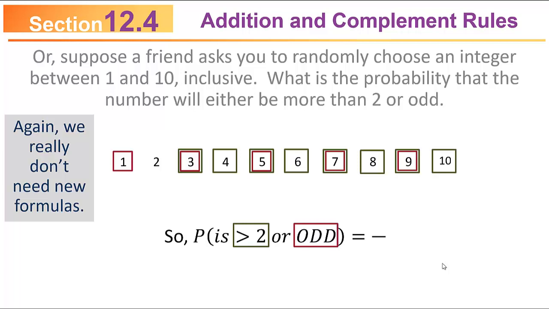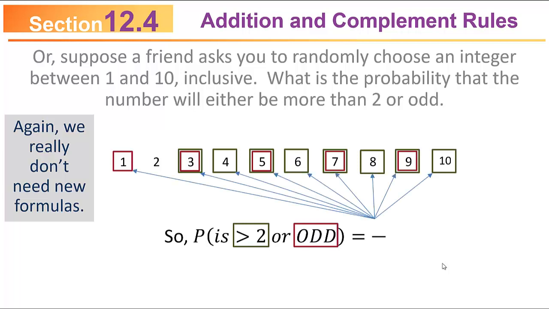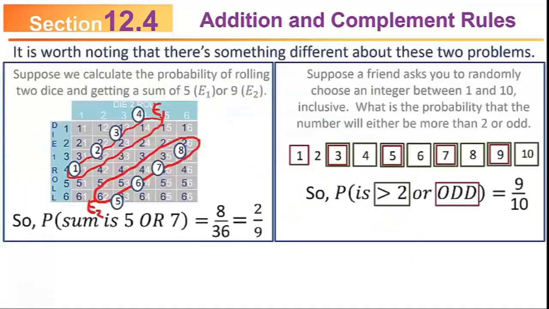Now, 4, for example, is not odd, but it is greater than 2, and we're saying or. So the only one that doesn't satisfy either being greater than 2 or being odd is 2. So there are actually 9 numbers that would satisfy one or both of those conditions. So 9 out of 10. We really didn't need a new formula to do that.